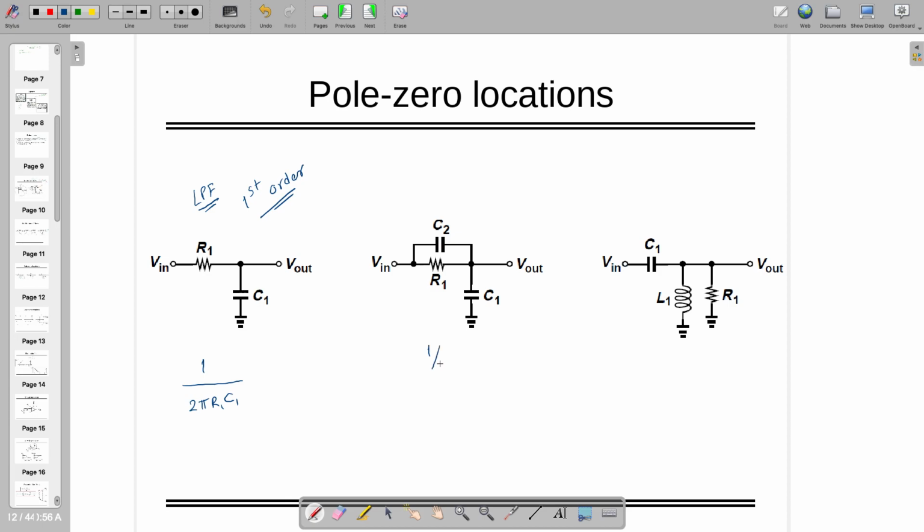So you can write down here 1 by C1S plus 1 by C1S plus R1 in shunt with 1 by C2S. Can you find out this? What are you seeing? What is the final equation?